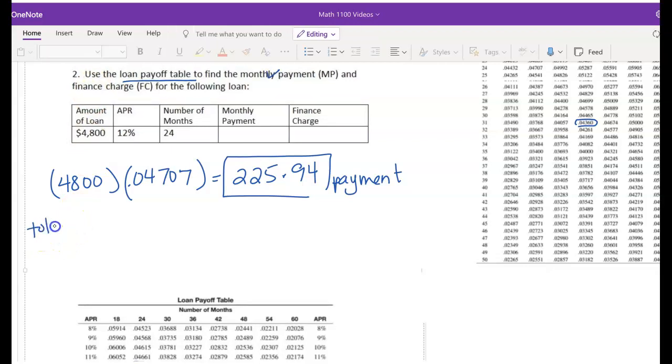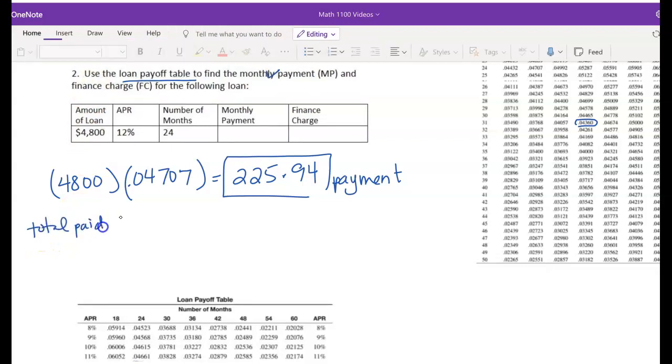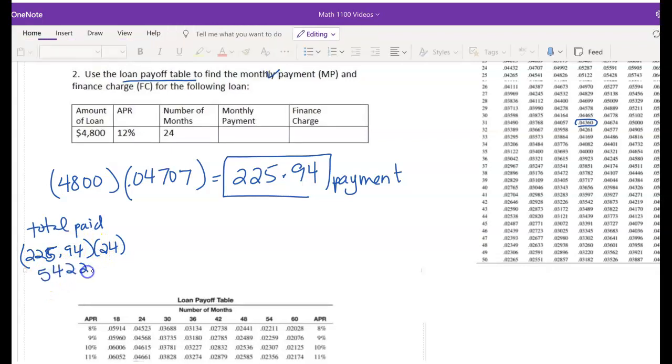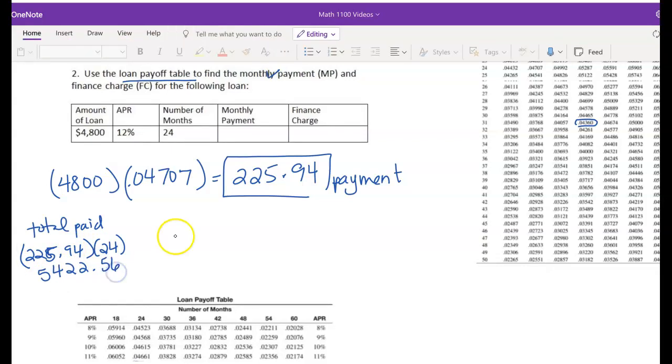So let's find the total paid. Well, if each payment is $225.94, and there are 24 payments, I have that the total paid is $5,422.56.